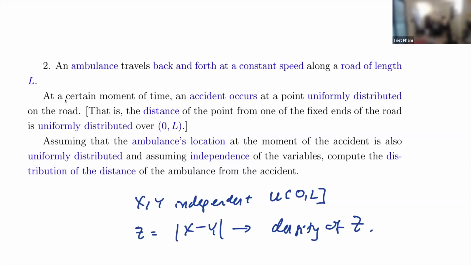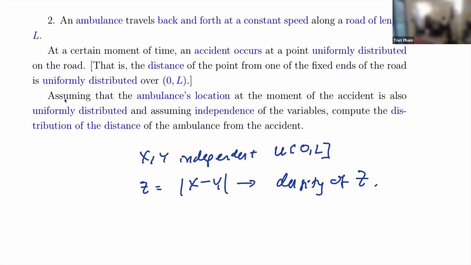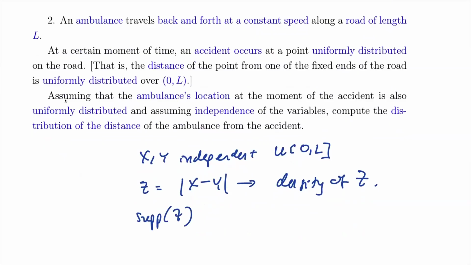What is the support of Z? What values can Z take? From 0 to L. That's correct.